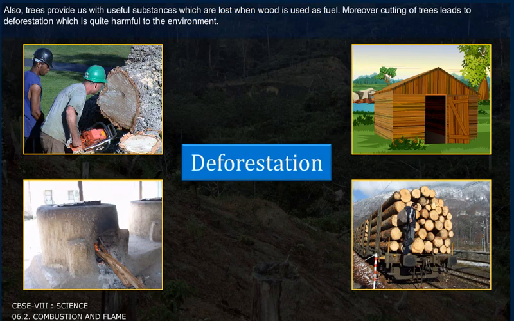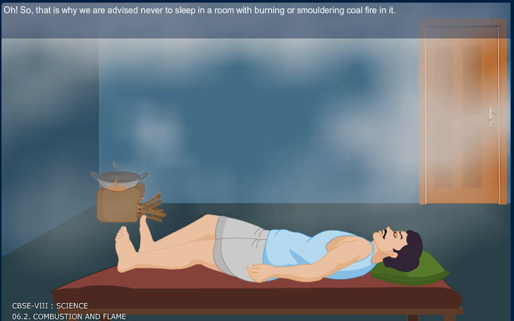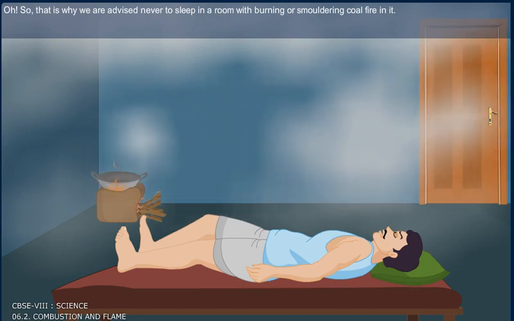Also, trees provide us with useful substances which are lost when wood is used as fuel. Moreover, cutting of trees leads to deforestation, which is quite harmful to the environment. Oh, so that is why we are advised never to sleep in a room with burning or smoldering coal fire in it.